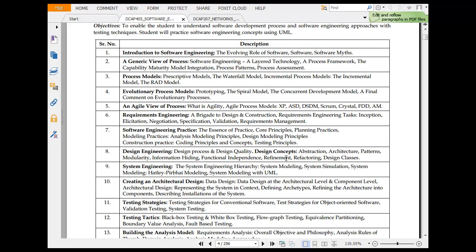So in terms of a general view of process, we have to understand what we are looking at here. The process pattern and the process assessment would be the first part. That is not so crucial, but the crucial part is the process model. So we have prescriptive models like the waterfall model, the incremental model, and the rapid application development model.